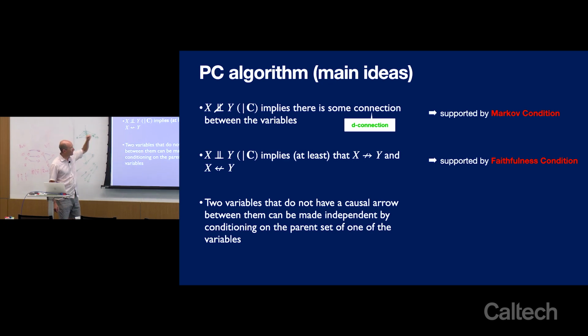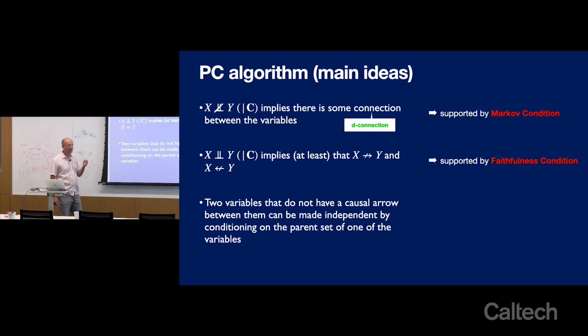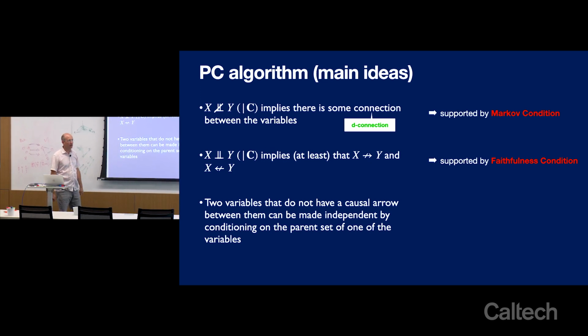So for the first idea, the notion of connection that I'm talking about is a technical one called d-connection. It's a nasty definition. There's no point in learning that in the few hours that we have today. It's a technical definition of connectivity in a graph. Never mind what it is exactly, but it is formalized.